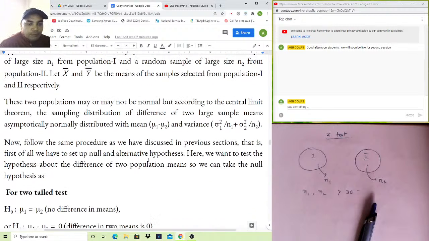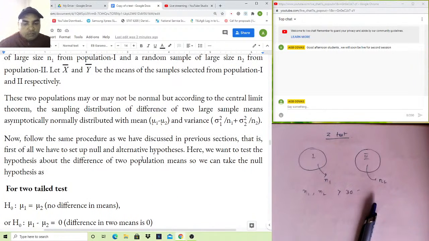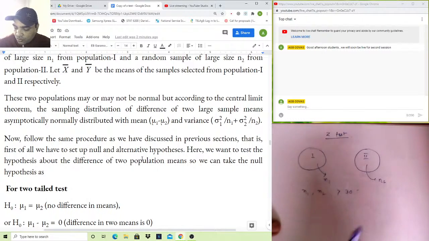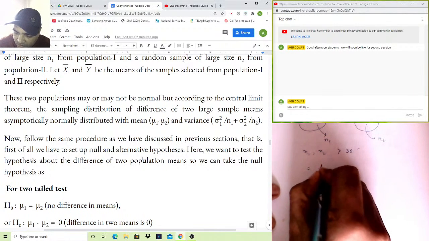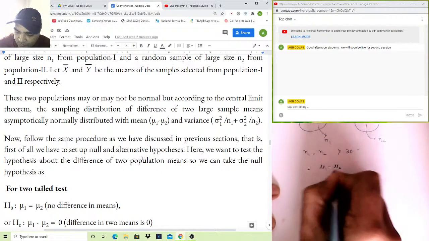These two populations may or may not be normal, but according to the central limit theorem, the sampling distribution of the difference of two large sample means is asymptotically normally distributed. The mean of this difference will be equal to mu1 minus mu2.